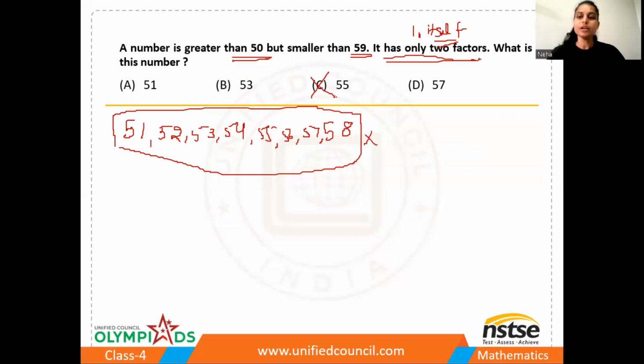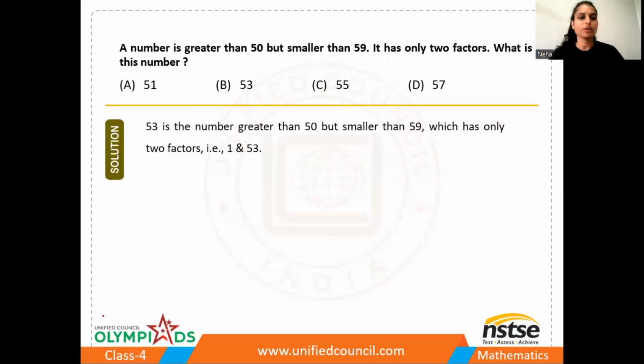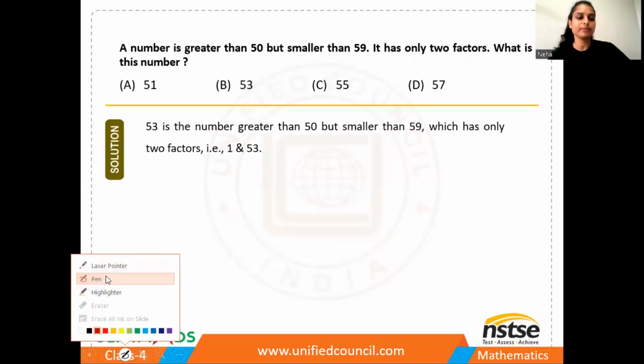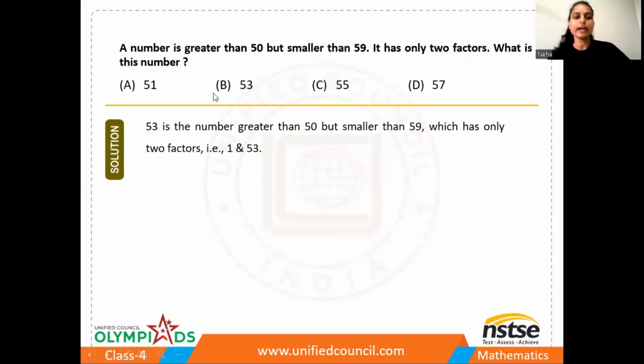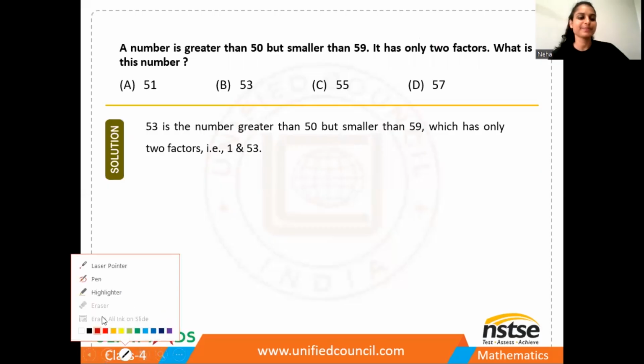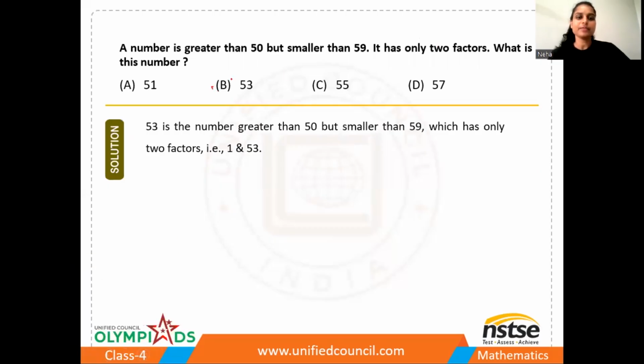Let me show you here. So 53 is the number greater than 50 but smaller than 59 which has only two factors, 1 and 53. So yes, 53 is your right answer.